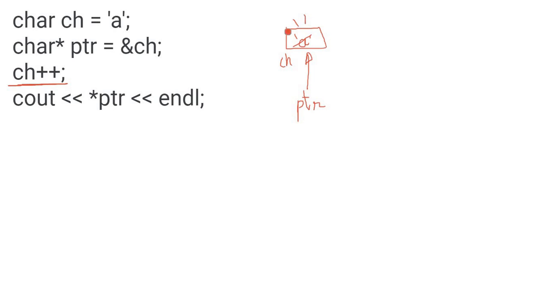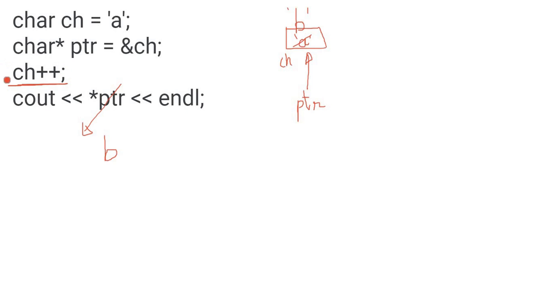This means that it becomes B. Let me write it. This becomes character B. On doing star PTR, we get the answer as B. So the answer is B.